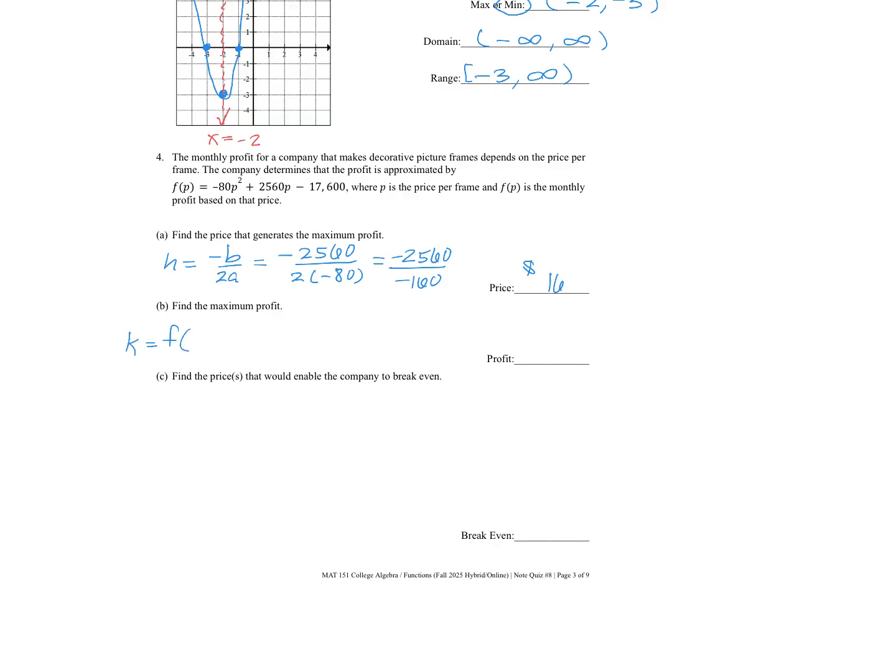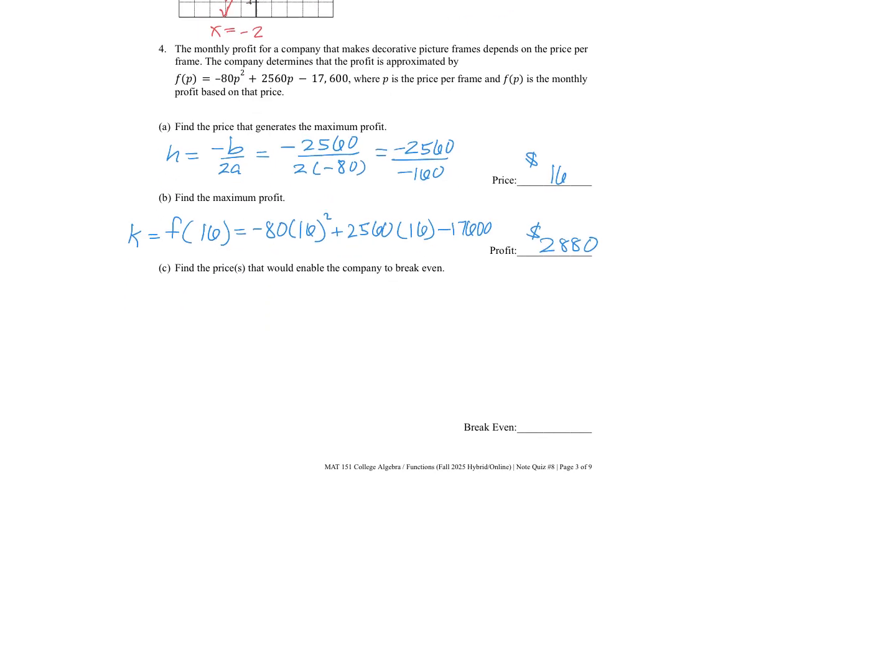So that's F of the number 16. So that's going to be -80 times 16 squared plus 2,560 times 16 minus 17,600. Again, putting that into a calculator, you will end up with $2,880. So that's the maximum amount of money we'll make according to this model.